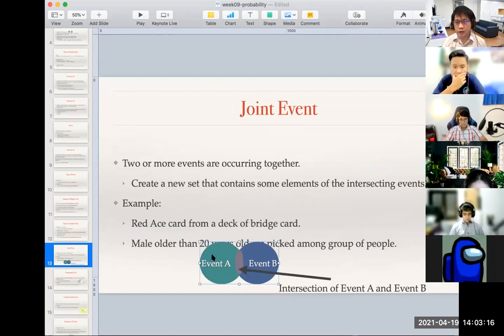Event A still has its own characteristic, event B still has its own characteristic, but it's possible for a member of event A and event B to have the characteristics of each other.